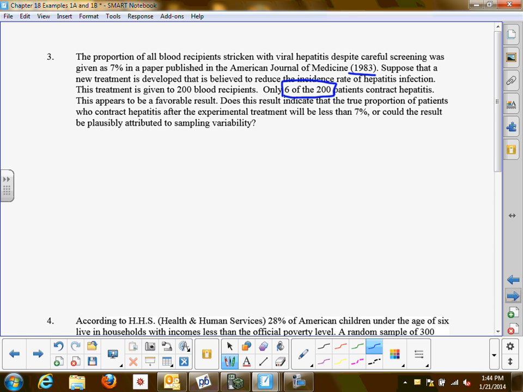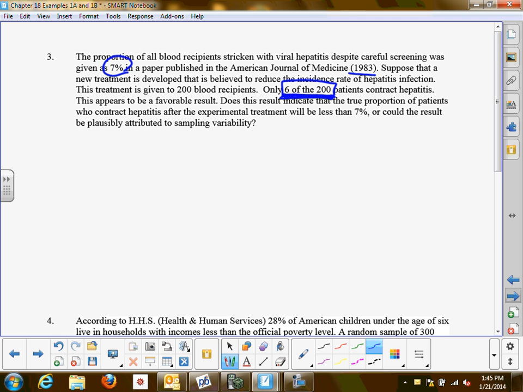Yeah, I know it's less, but is it an unusual amount less? How do I tell if this is significantly less than the claim? I have to figure out my standard deviations. If this is unusually low, then I can say, statistically, there is no way that this should happen.